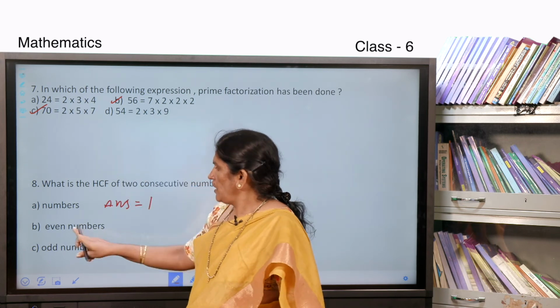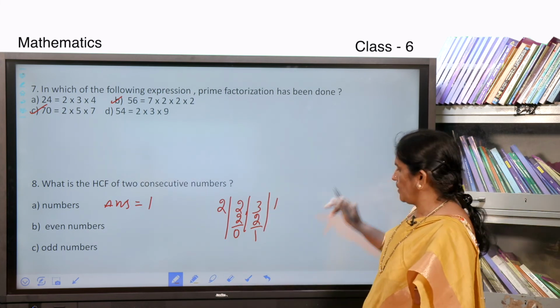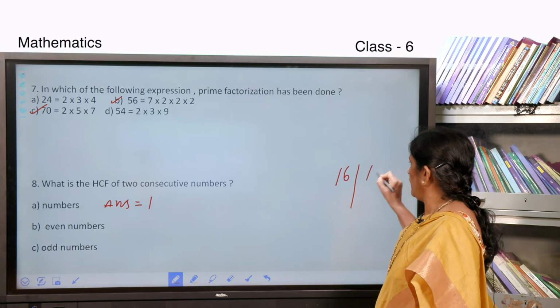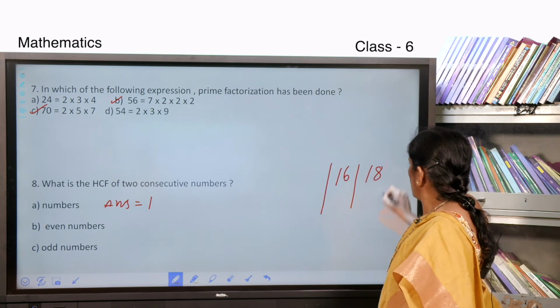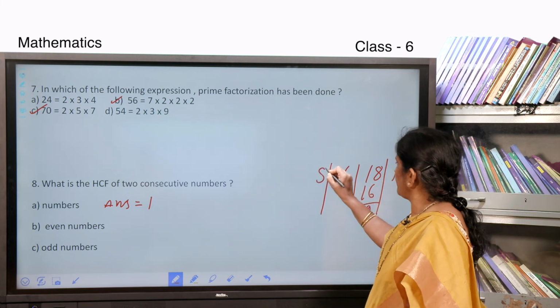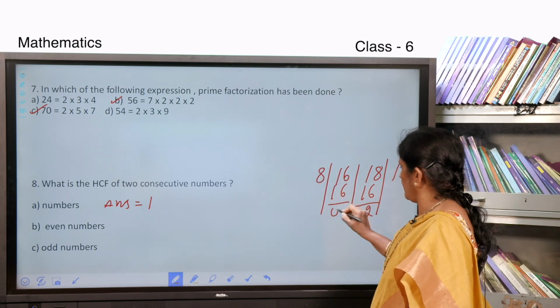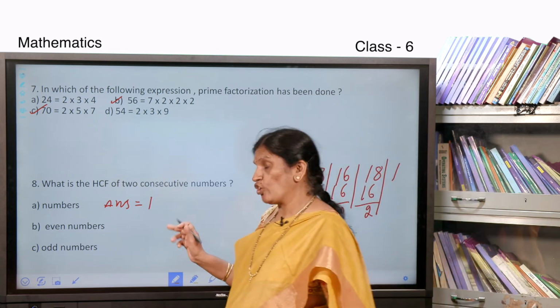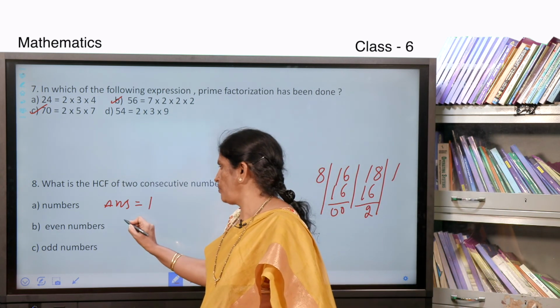1. Even numbers, let me take even numbers here, 16 and 18. 16 1s are 16, remainder 2, 2 8s are 16, remainder 0. So, HCF is 2. If you take any two consecutive even numbers, the HCF will be 2.